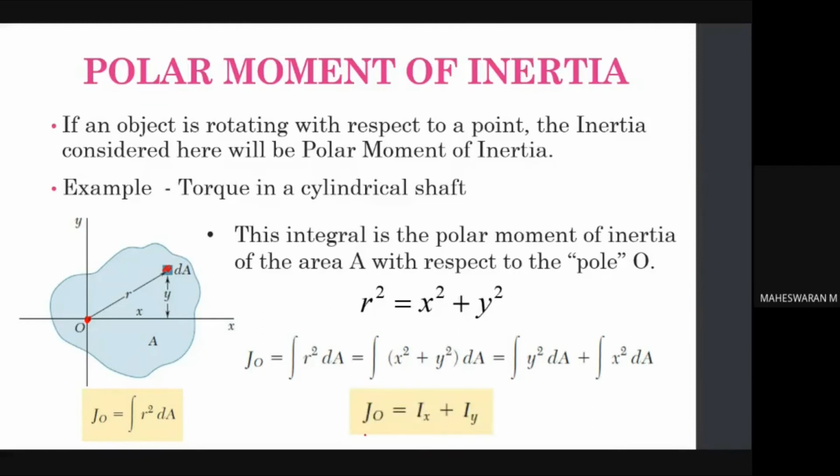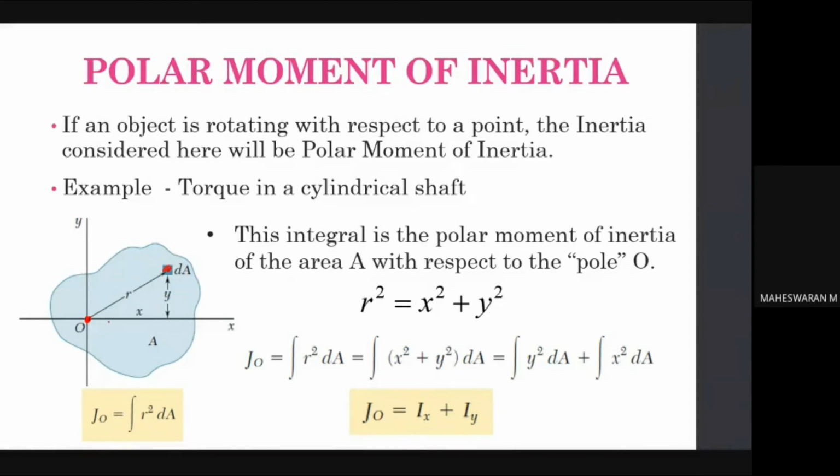So the polar moment of inertia is Ix plus Iy. If I identify the moment of inertia with respect to x-axis and with respect to y-axis, you add these two, that is polar moment of inertia. So this is the addition of two axes.